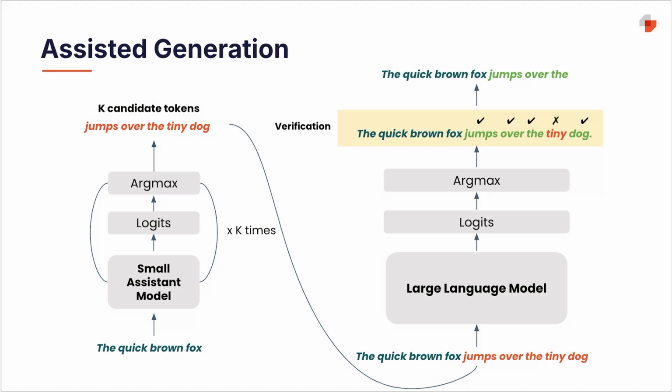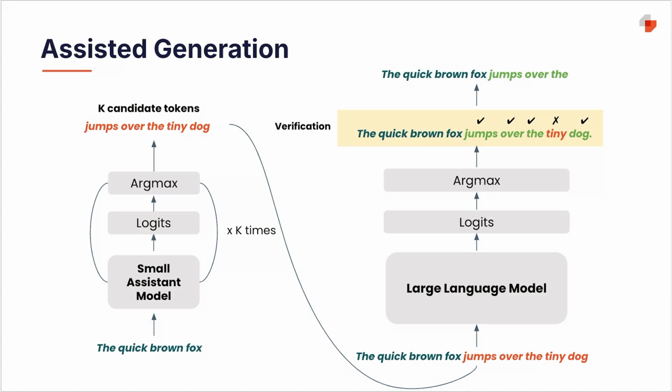And we want the assistant model to do the guesswork. So the assistant model takes in the input and produces up to k future tokens as guesses. And then we pass that to the big model to actually verify that these are correct. So we're going to take the original input and the guesses, pass it to the big model, and then see what the big model would have predicted for each of those tokens in those exact positions.